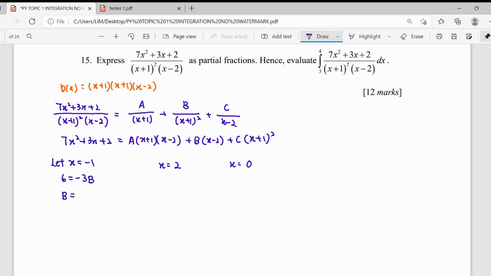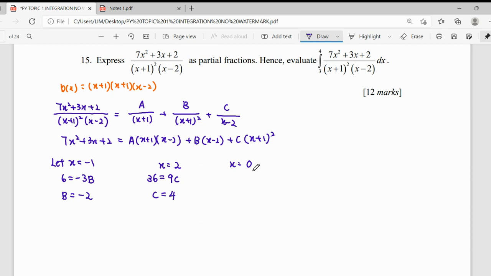B will be negative 2. Okay, we repeat the process. We substitute x equals 2. That is 6. When we substitute 2 here, it gives us 0, 0. C will be equal to 4.